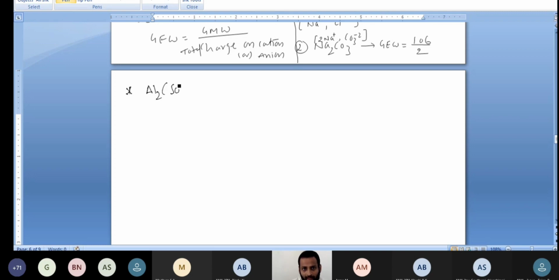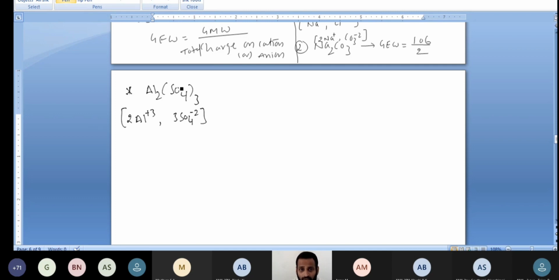Al2(SO4)3. Okay, so how to separate this? 2Al3+ and 3SO4 2-. This is the charge separation. See, in Al2 you have 2, right?